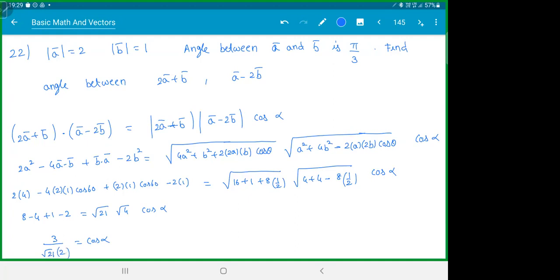Please check everyone what I did. I used the dot product on the LHS and I used the parallelogram law on the right hand side, so that we combine two different things in the vectors.